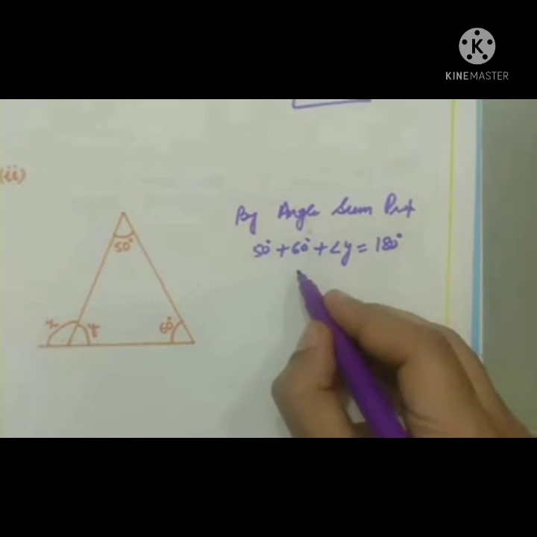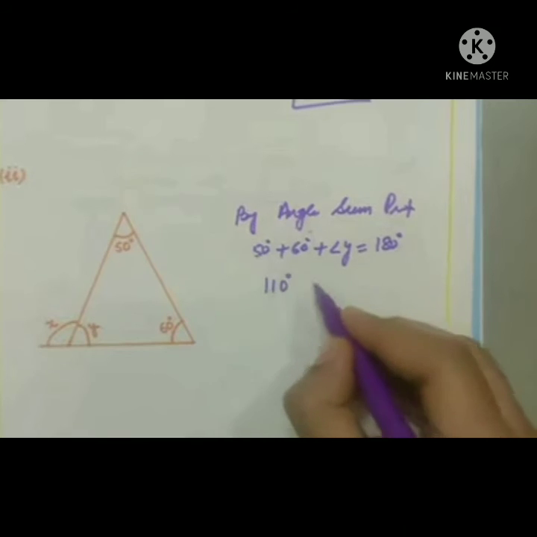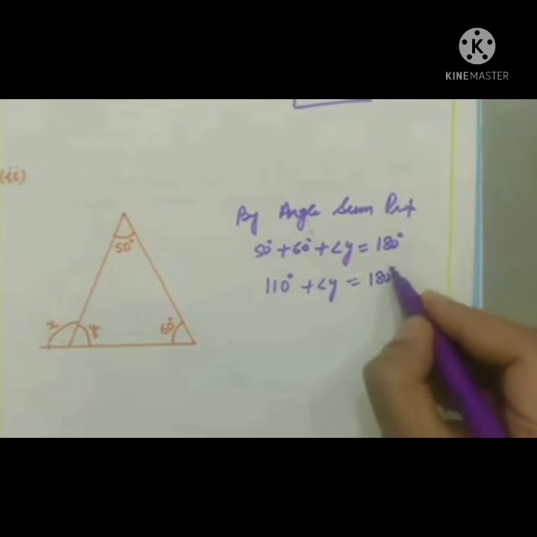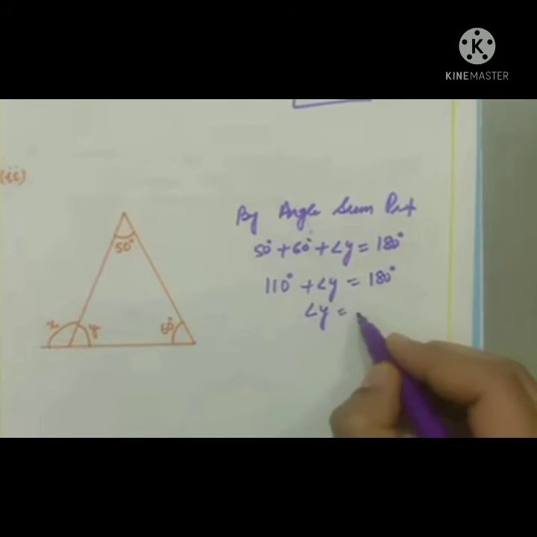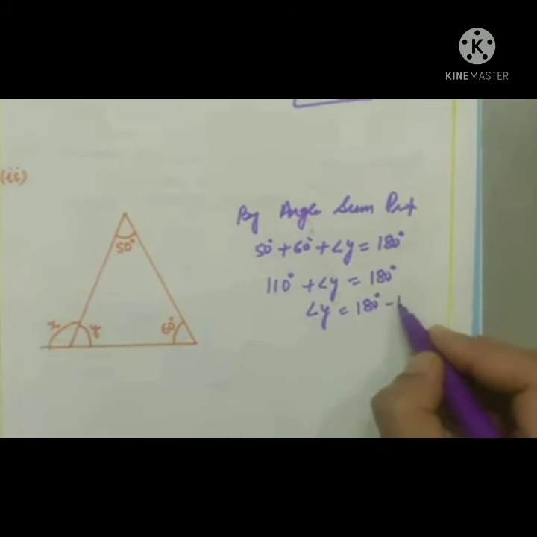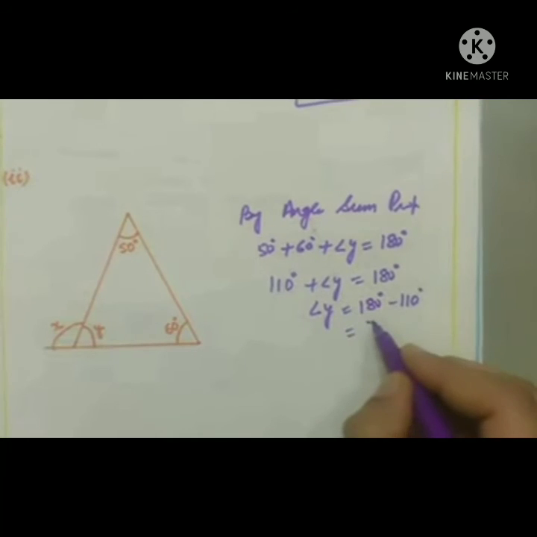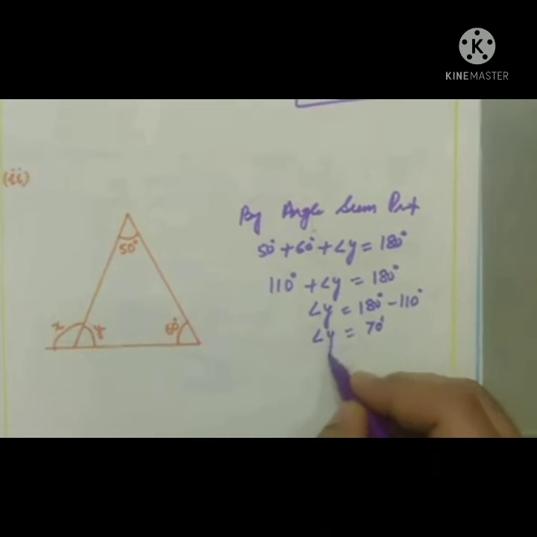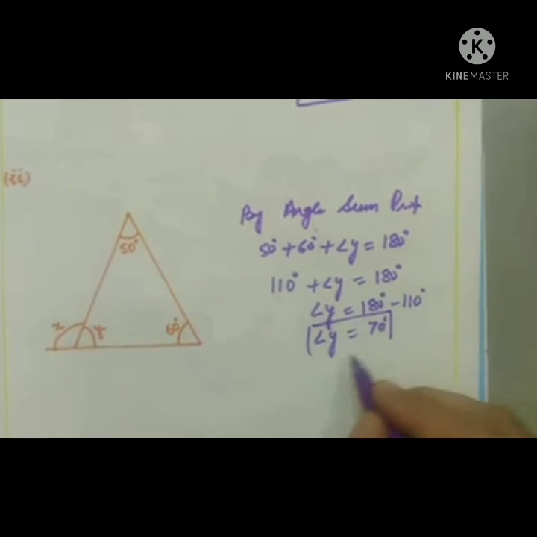So 50 degrees plus 60 degrees is 110 degrees, plus angle y is equal to 180 degrees. This becomes angle y is equal to 180 minus 110, that is 70 degrees. So angle y is equal to 70 degrees.